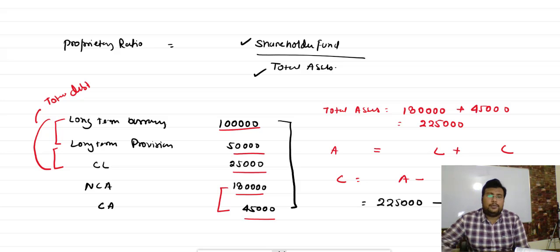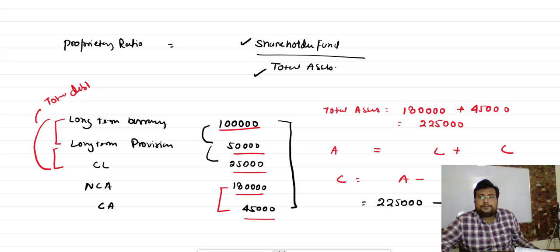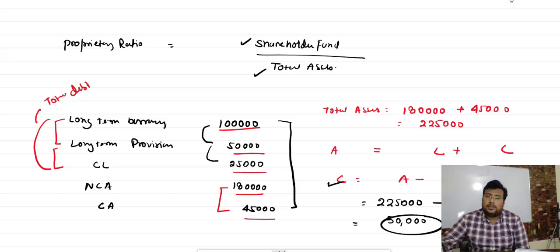All the liability: 1 lakh plus 50,000 plus 25,000, total will be 1 lakh 75,000. So 2 lakh 25 minus 1 lakh 75 is equal to 50,000. So now we have the equity also, we have the total assets also.